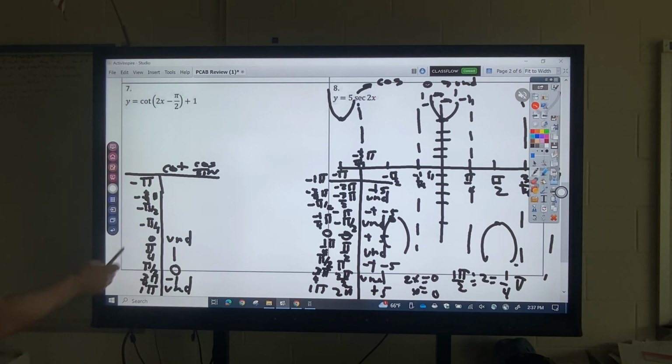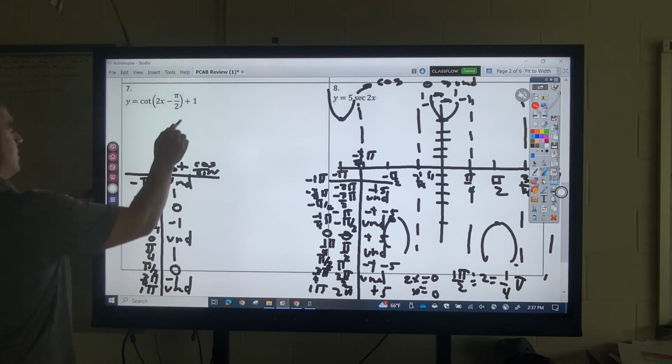This one I go back the other way. That would be negative 1, that would be 0, that would be 1, that would be undefined.